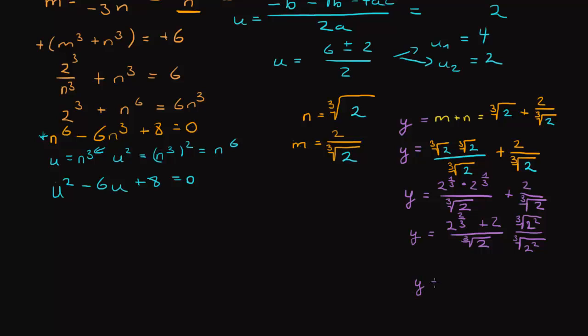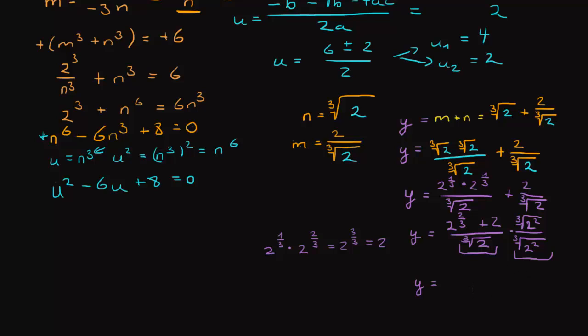If we multiply these two terms, what is this? This is 2 to the 1/3 times 2 to the 2/3, and we add those up, we get 2 to the 3/3, which is equal to 2, right? Because it's 1. So we would get rid of these square roots in the denominator.